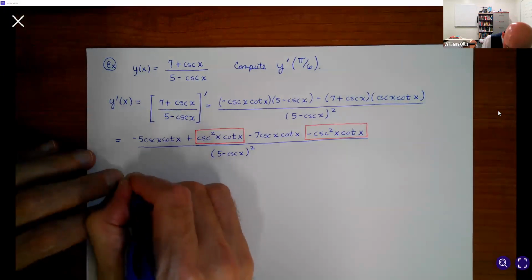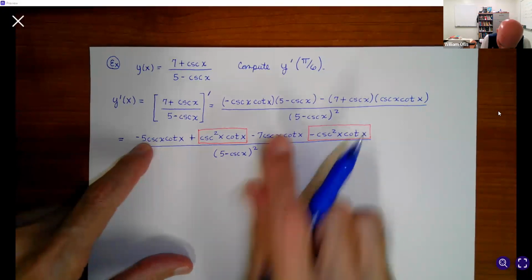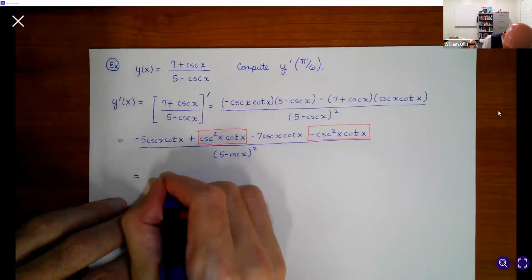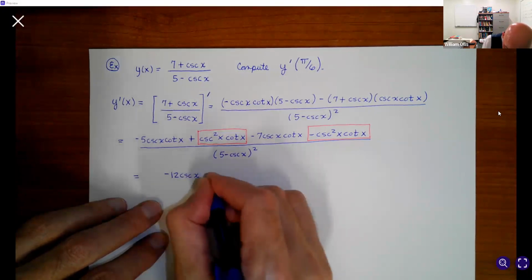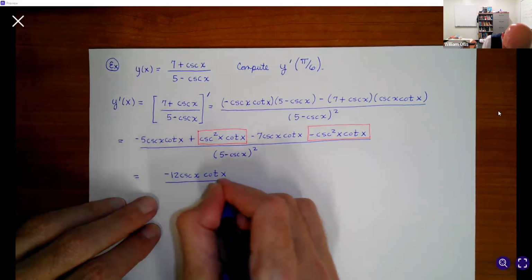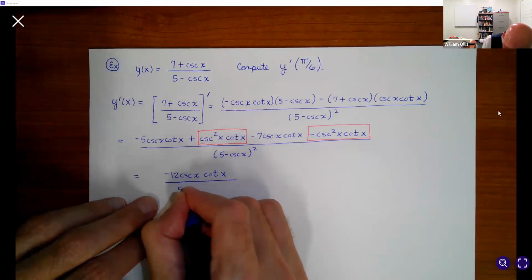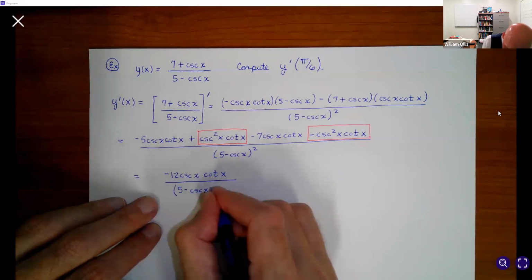So now, if you look here, we've got the cosecant cotangent, but we have a negative 12 copy of that. So negative 12 cosecant cotangent. And then downstairs, we have 5 minus cosecant x quantity squared.